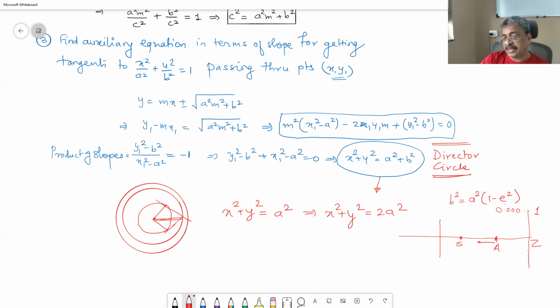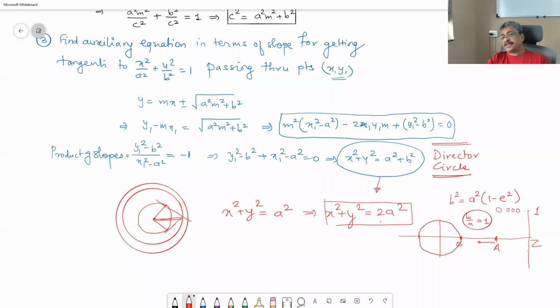And when S coincides with A, both the directrices go to infinity because e becomes 0, b square is equal to a square, and you happen to get that circle. The ratio of compression, which is b upon a, becomes 1. There is no compression. That is what I can show you here, because if I replace b by a, I get the director circle of the circle.